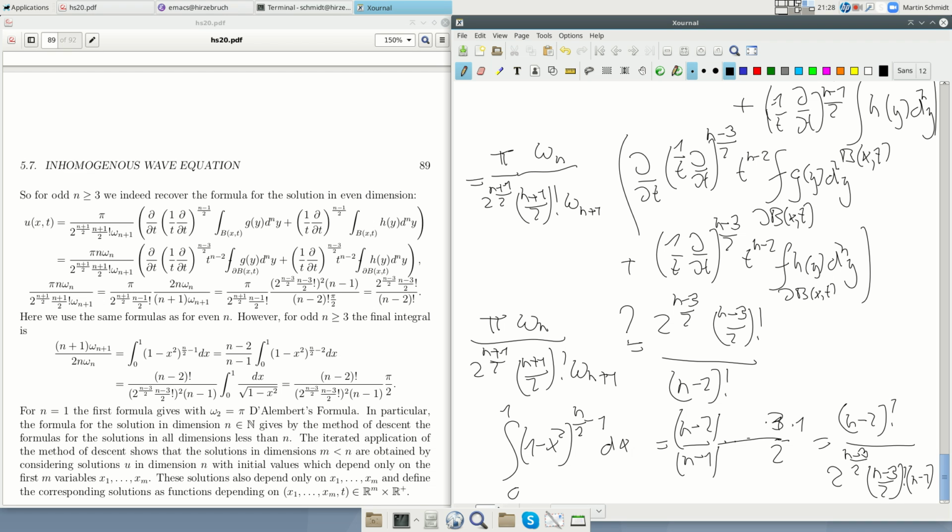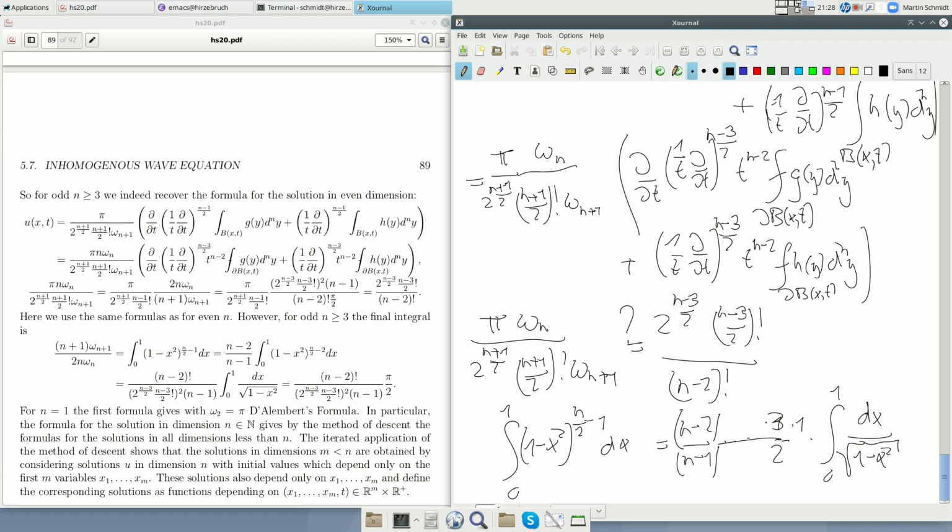And finally, the last integral, which I missed, sorry. Of course, we also get a final integral, and what remains finally is the integral from 0 to 1 of dx over the square root of 1 minus x squared.